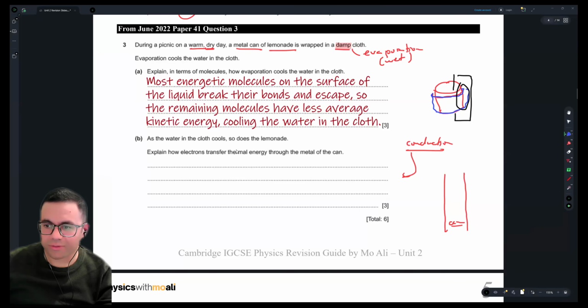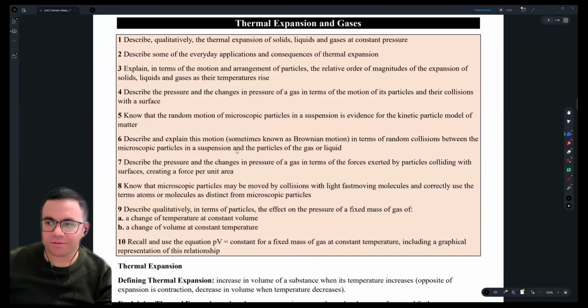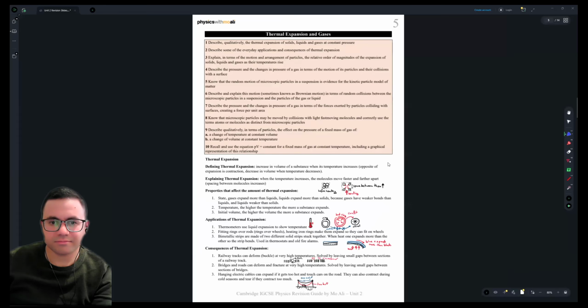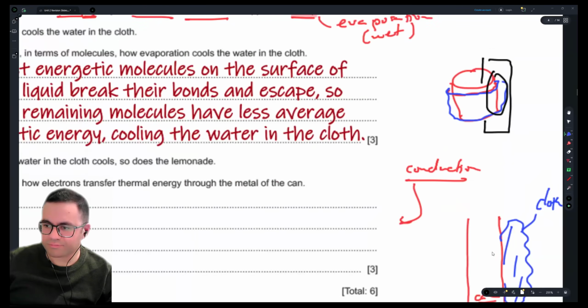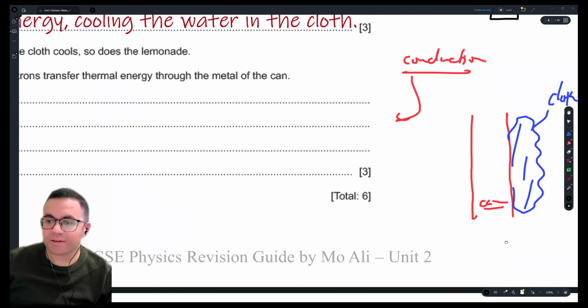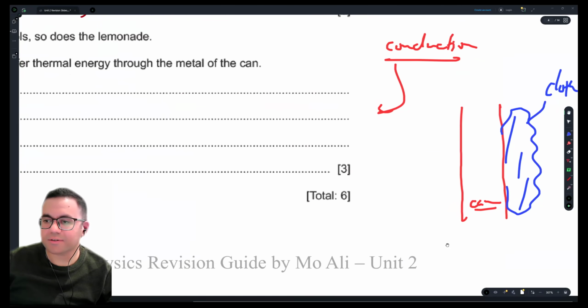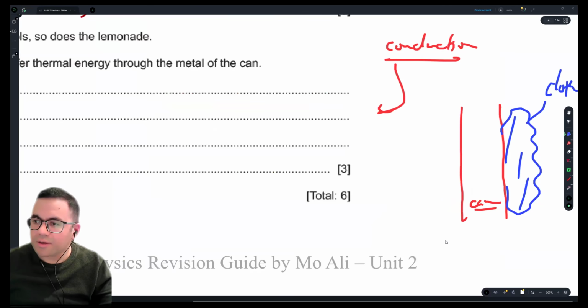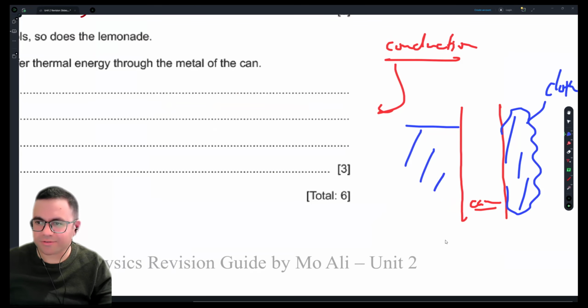Here's the cloth. That's wet. Here's the cloth, here's the can. And here's the liquid inside. Just lemonade inside.